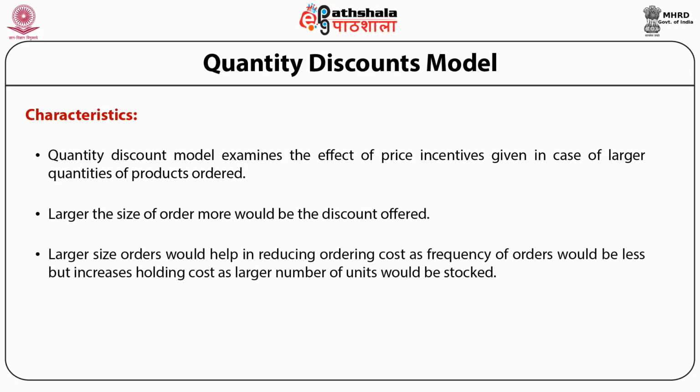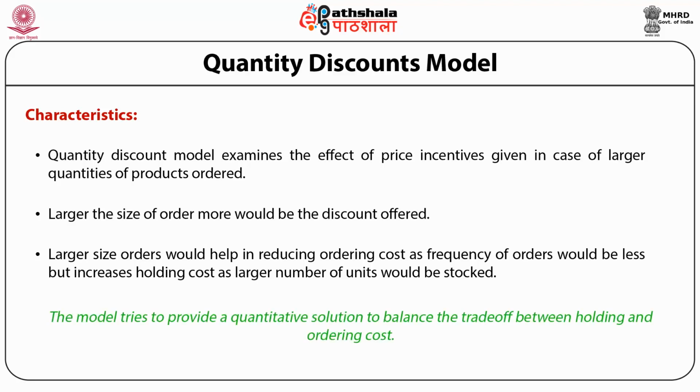Larger size orders would help in reducing ordering cost as frequency of orders would be less, but increase holding cost as larger number of units would be stocked. The model tries to provide a quantitative solution to balance the trade-off between holding and ordering cost.